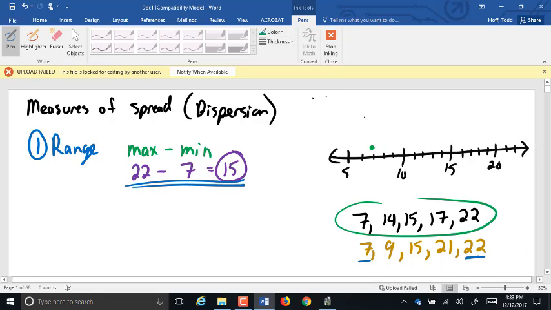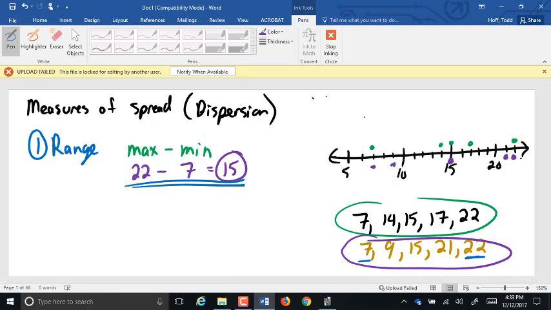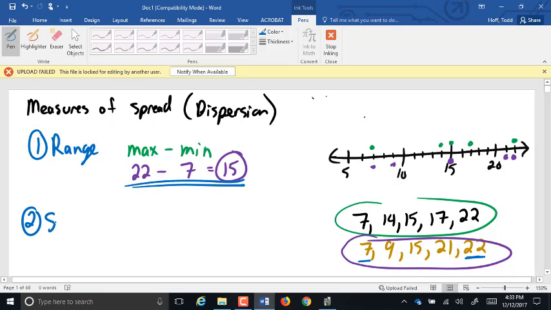So I've got a 7, 14, 15, 17, and 22. And we'll do the bottom set of numbers in purple. We've got a 7, 9, 15, 21, and 22. It's pretty obvious to me that the purple numbers are more spread out than the green numbers are. So there's a measure that's more precise than the range, and that is called the standard deviation.